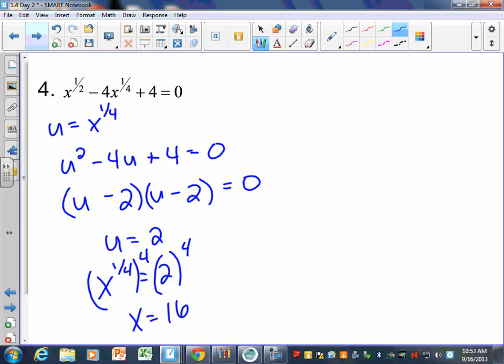So I just want to throw in the fractional exponents to show you that same idea. Remember, fractional exponents are roots, radical equations, so you can rewrite them as radicals if you want after you're done. But I would leave them as fractions until you get to the very end if you need to. So like if it helps here, you could write that as the 4th root of x equals 2, and then you do the same step. 2 times 2 is 4. 4 times 2 is 8. 8 times 2 is 16.